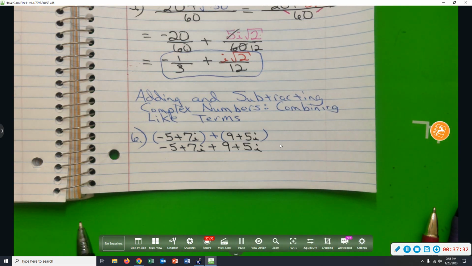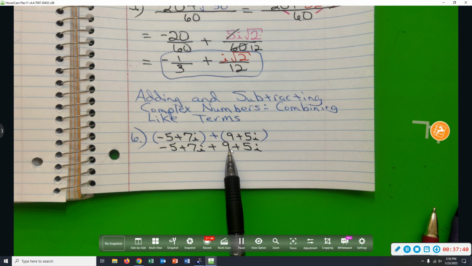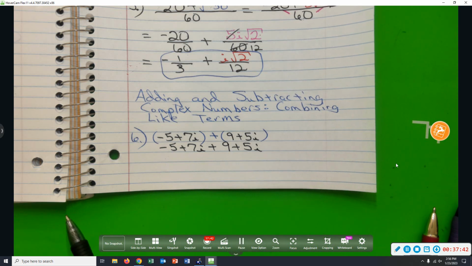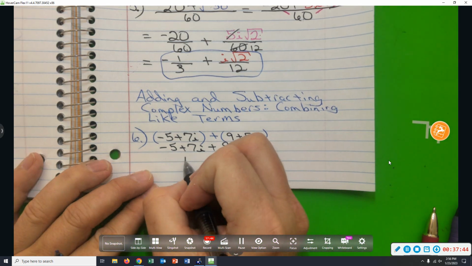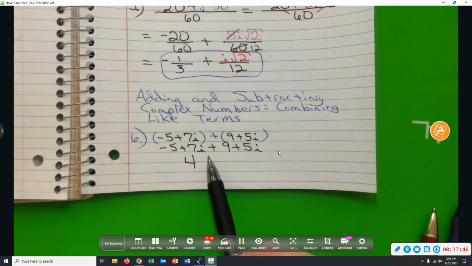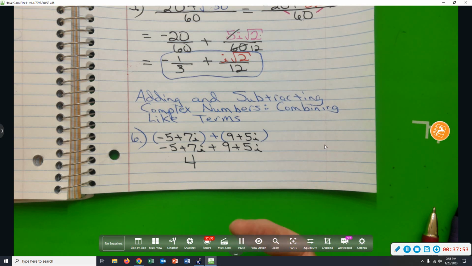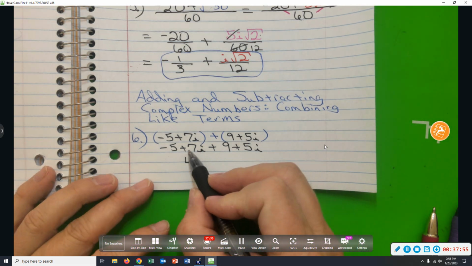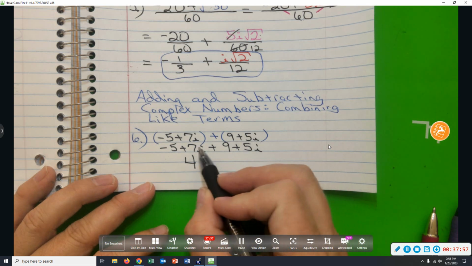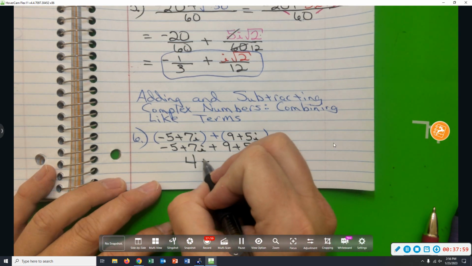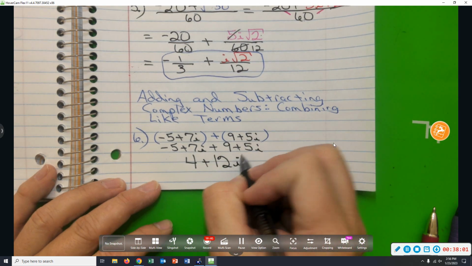And then you combine like terms. You combine the constant terms, the things that don't have a letter. -5 plus 9 gives me 4. And then combine the things that have the letters, the like terms. 7i plus 5i. You keep the i part, you add or subtract the coefficients. 7 plus 5 is 12i.